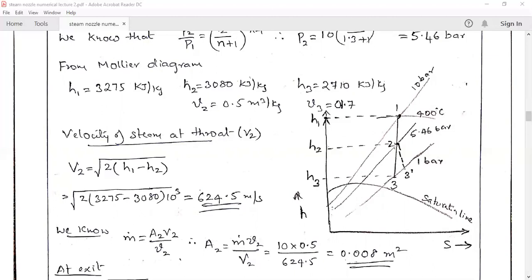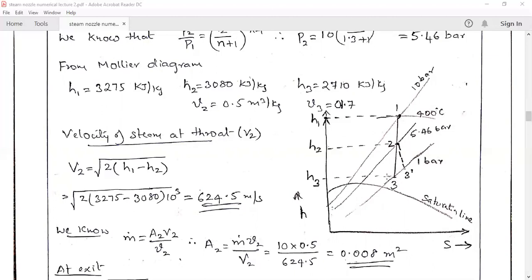Now, it is also said there is loss, that is, frictional losses occur in the divergent part. That means 1 to 2 is the convergent part and 2 to 3 is the divergent part. In the divergent part, that is 2 to 3, frictional losses occur.